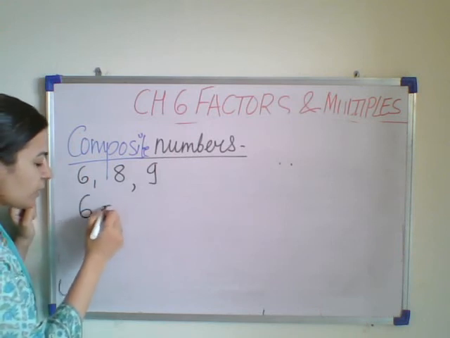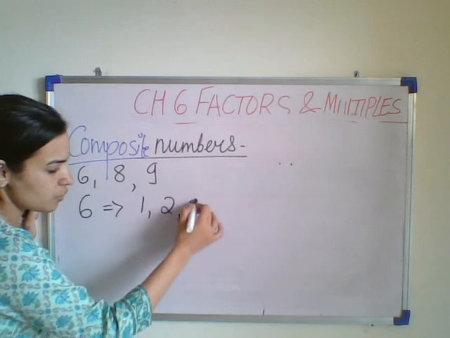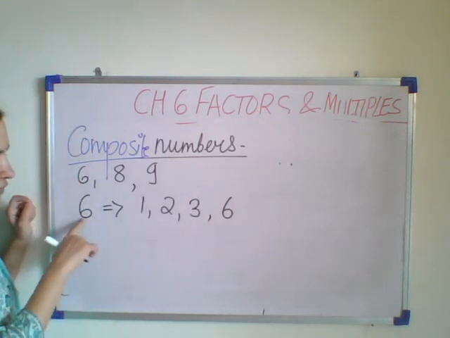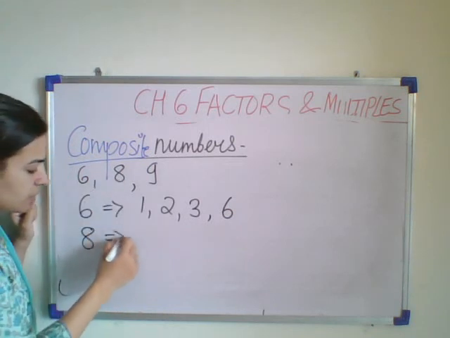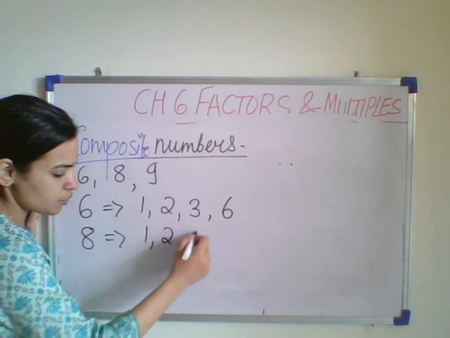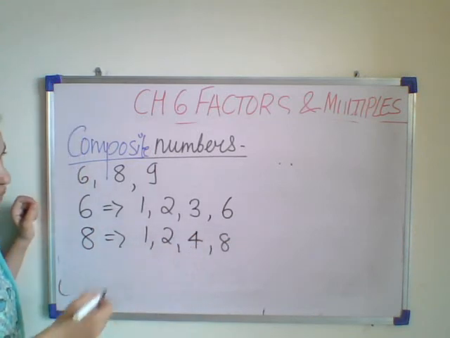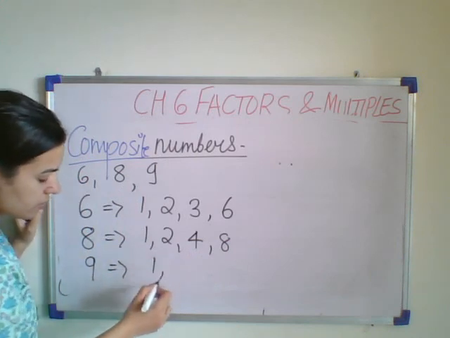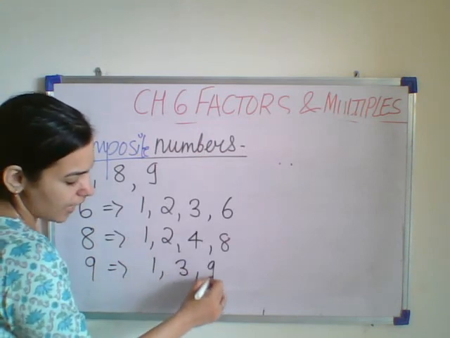Like 6, what are the factors of 6? 1, 2, 3 and 6. These all are the factors of 6. What are the factors of 8? 1, 2, 4 and 8. What are the factors of 9? 1, 3 and 9.